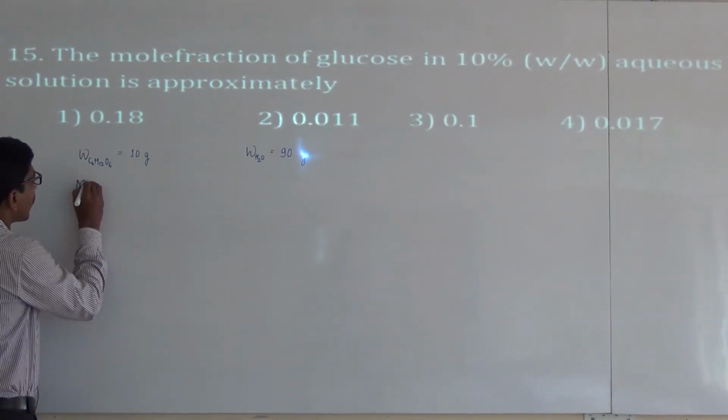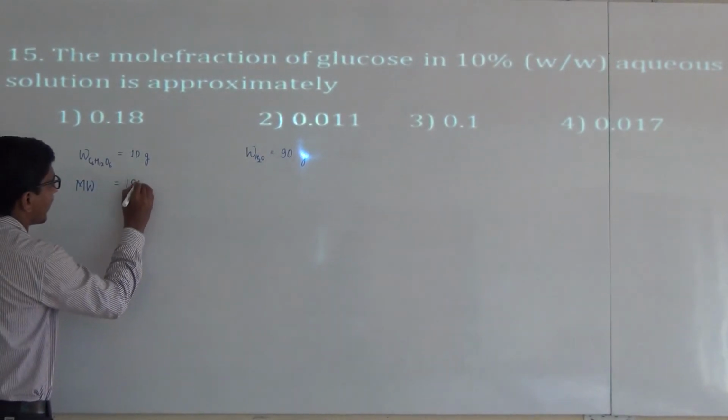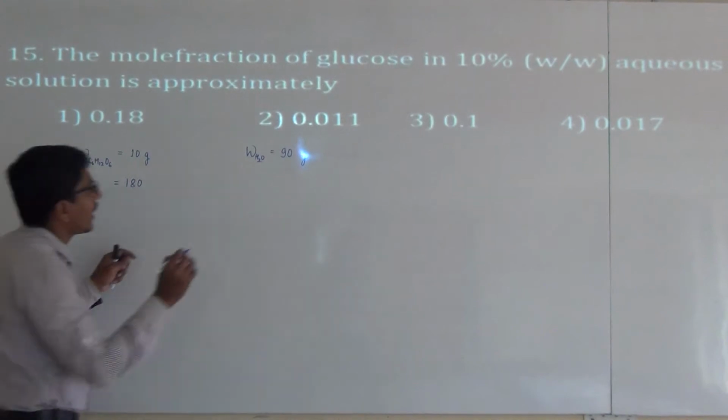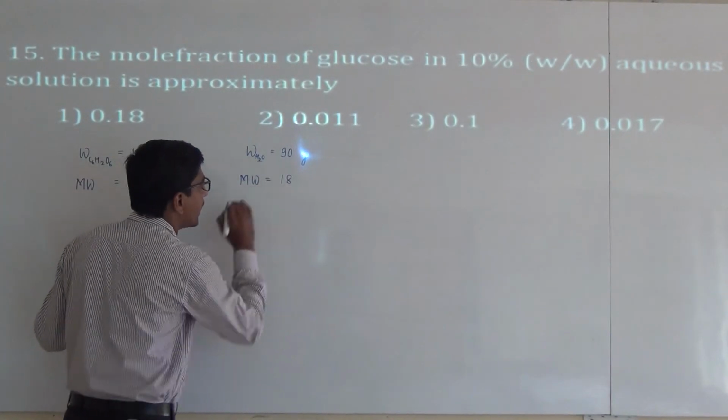And molecular weight of glucose is 180, and molecular weight of water is 18.